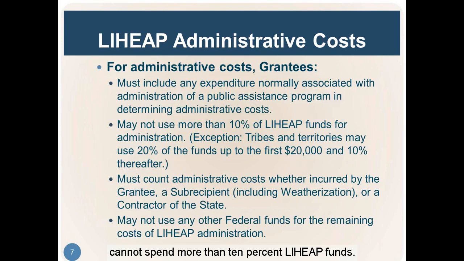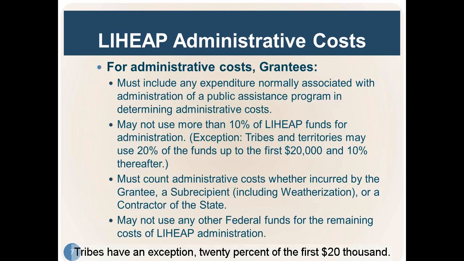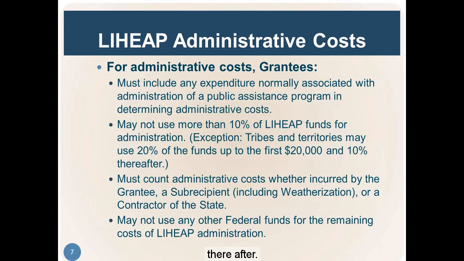That's one thing we have really stressed as we give presentations and speak about the administration of LIHEAP funds. Tribes have an exception: 20% of the first $20,000, or better yet, $4,000, and then 10% to be administered thereafter.